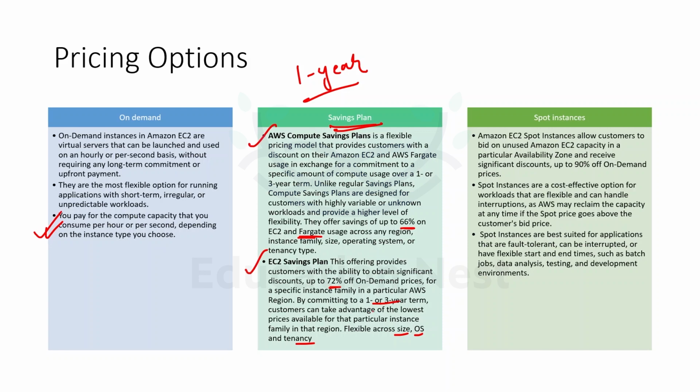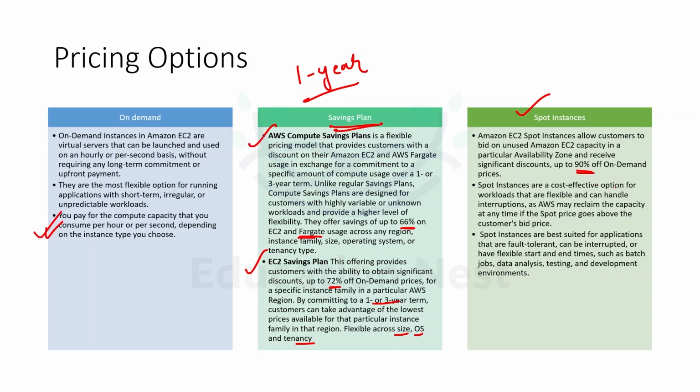The last pricing option that we have is spot instances. Spot instances allow the customer to bid on unused EC2 capacity. So if there are some unused EC2 instances in a specific availability zone, then you can receive these spot instances at a 90% discount on on-demand prices.